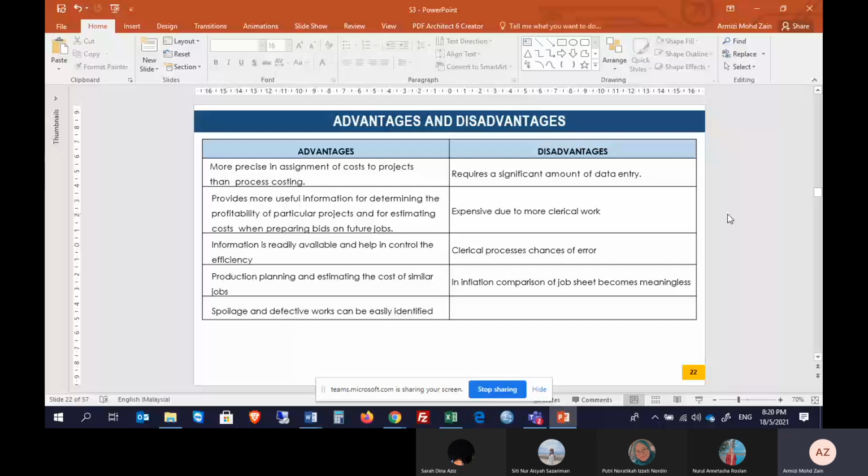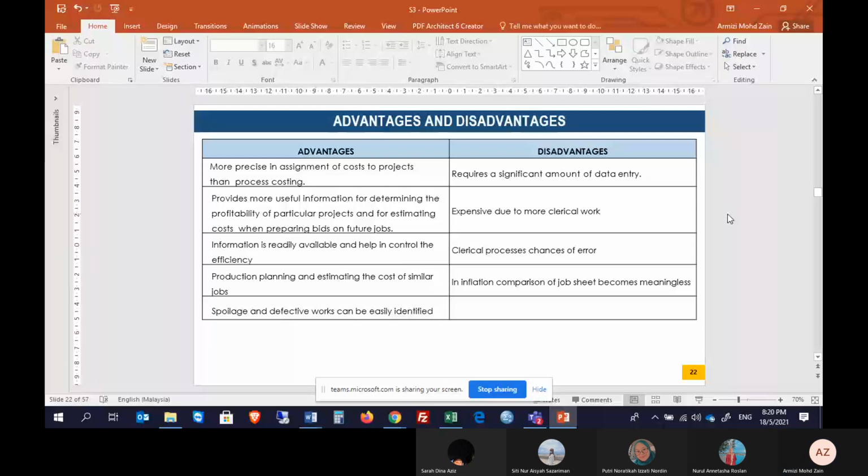Okay, one is it requires a significant amount of data entry. When it has a significant amount of data entry, you have to hire a clerk, and because of the clerk, sometimes there is a lot of human error, because humans handle the significant amount of data entry.